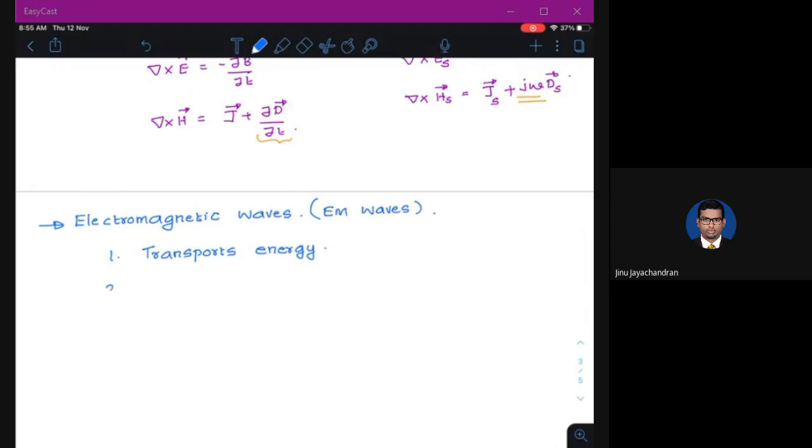Okay. Second, it is a function of both time and space.